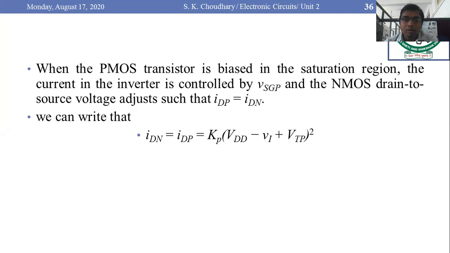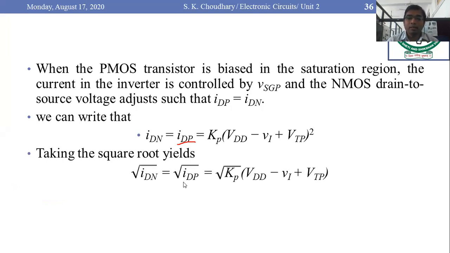So same formula. Now we define the current equation of the PMOS, IDP, that is Kp (VDD minus Vi plus VTP) whole square, because this is the input voltage applied to PMOS. We know that the threshold voltage of the PMOS is negative, so the plus sign is there. So do not confuse with that.